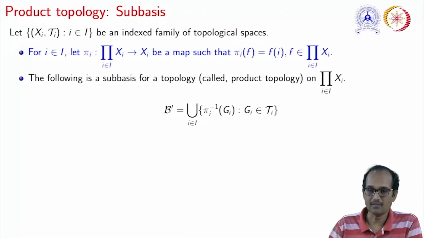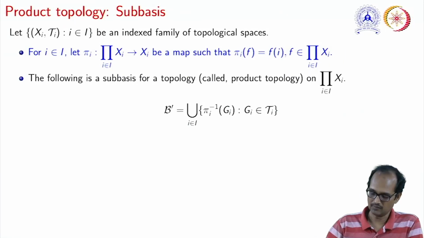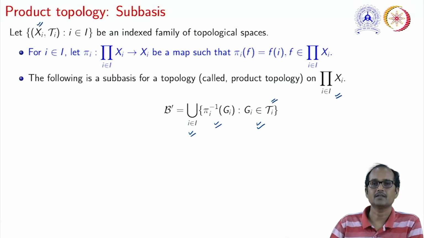Interestingly, they will provide the concept of a subbasis for a topology on this product of sets. What exactly I want to say is that if we take the union over i belongs to I of pi_i inverse of Gi, where Gi belongs to tau_i, and it is obvious that tau_i is a topology on Xi, then this forms a subbasis for a topology.